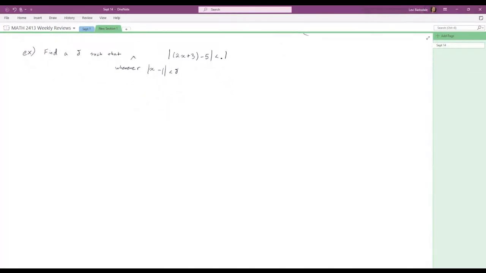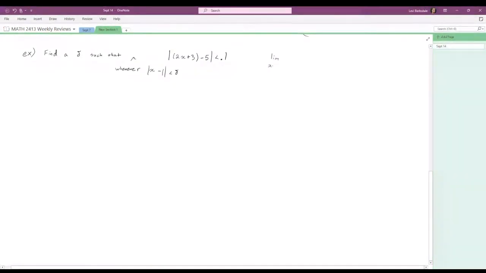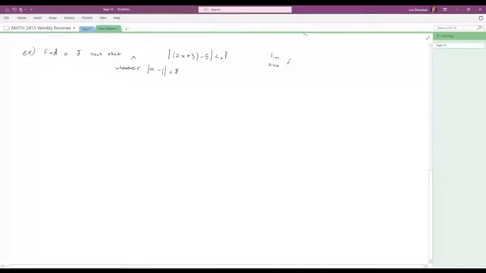Sorry about that. So if we were to write out our actual limit statement, the limit as x approaches a of f of x is equal to L, it's basically just matching things up. In our delta statement, we always have x minus a. So a should be equal to positive 1, because when we're subtracting a, we would need to flip the sign.